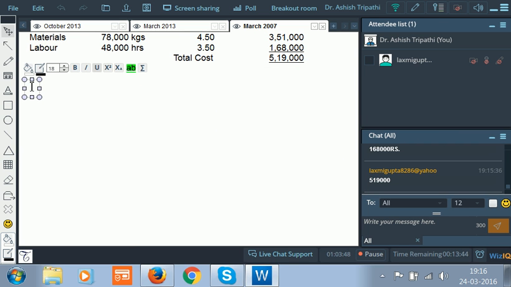They have not specified under material variance which variance you will have to calculate, whether material usage variance, material cost variance, or material price variance. And in labor also, they are not specifying which variance you will have to calculate, whether it is labor cost variance, labor rate variance, or labor efficiency variance. If nothing is given, we will have to calculate all three for material and all three for labor. So let us start with material first.